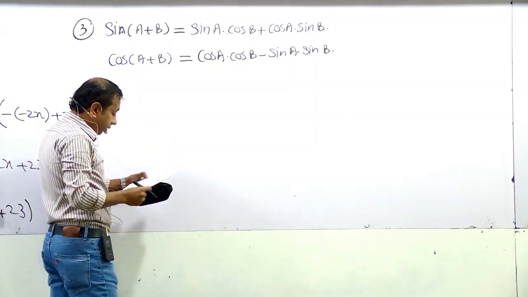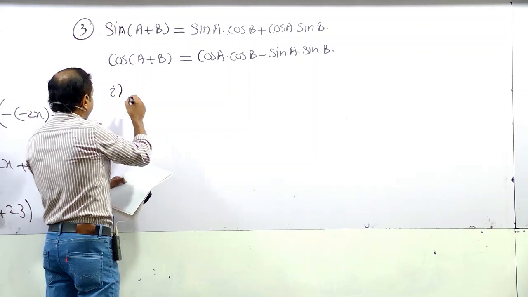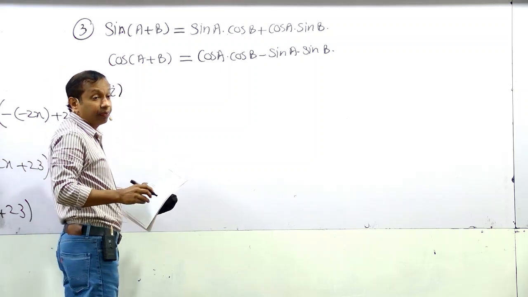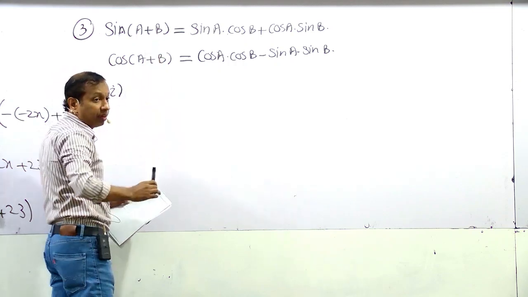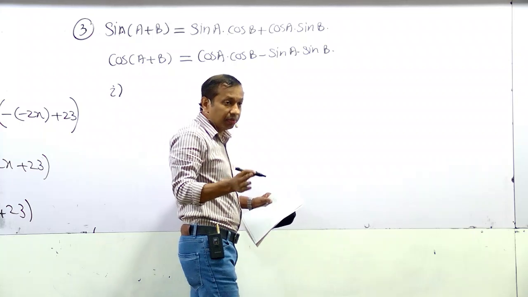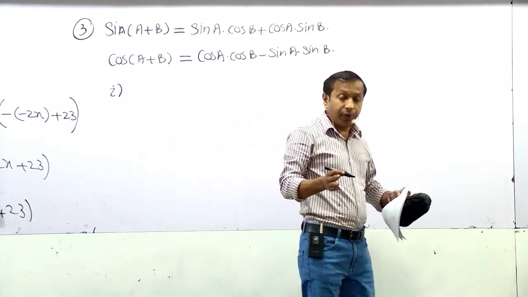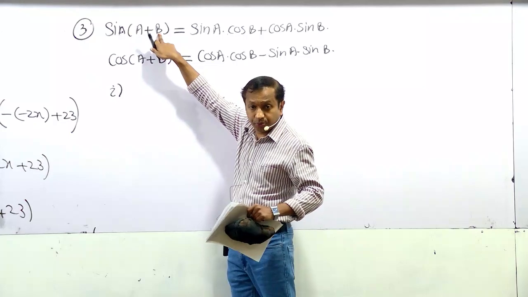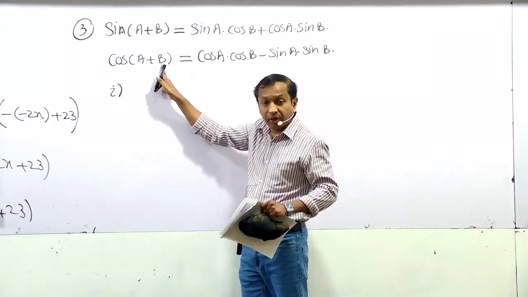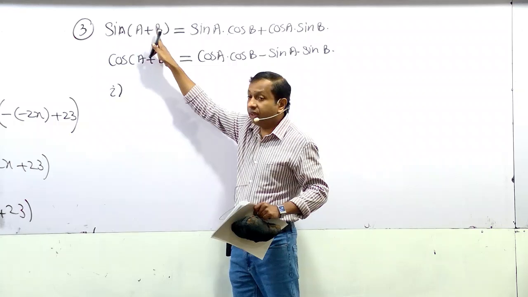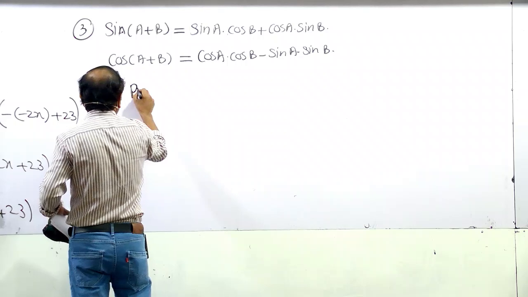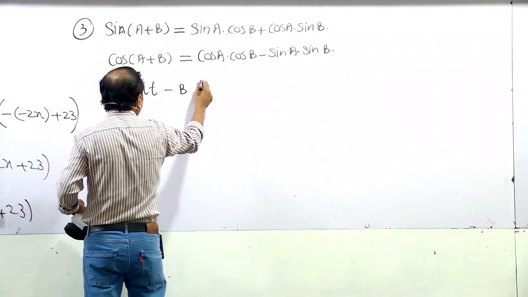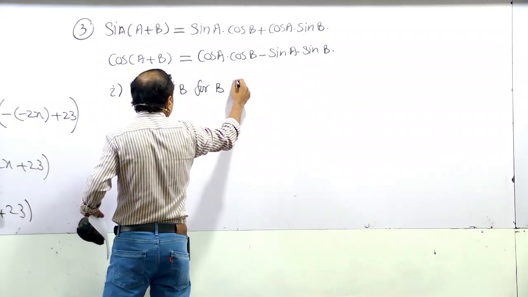Right, show that, from number 1, sin A minus B. How do we take sin A minus B? In number 1, replace B by minus B. How do we take cos A minus B? Here, put minus B for B, and here put minus B for B. Then we get sin A minus B here and cos A minus B here. Put minus B for B in the above.